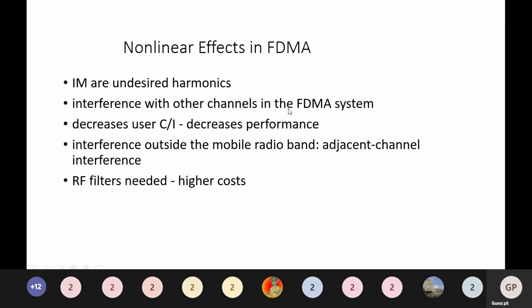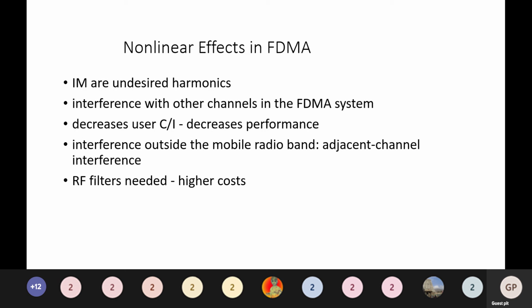So they cause interference with other channels in the FDMA system, which decreases the user's carrier to interference ratio and the performance. There is also interference outside the mobile radio band. In cellular systems you have co-channel interference and adjacent channel interference. Adjacent channel interference is interference from nearby cells which are adjacent to each other.